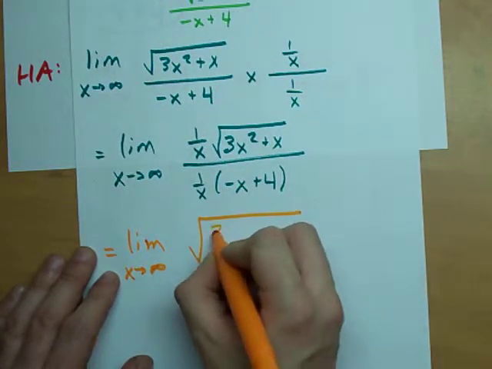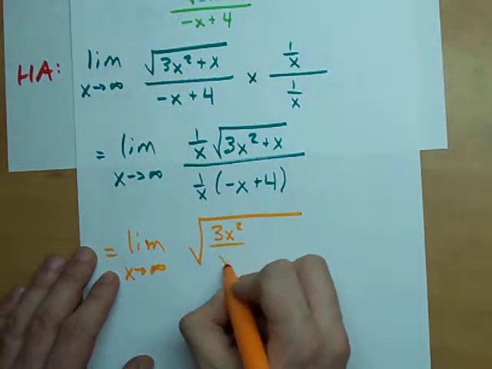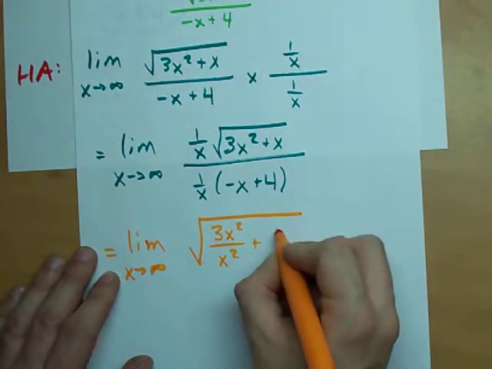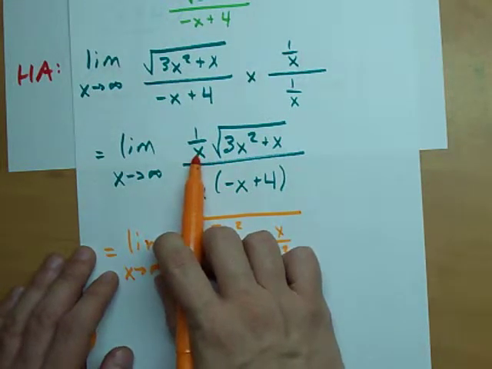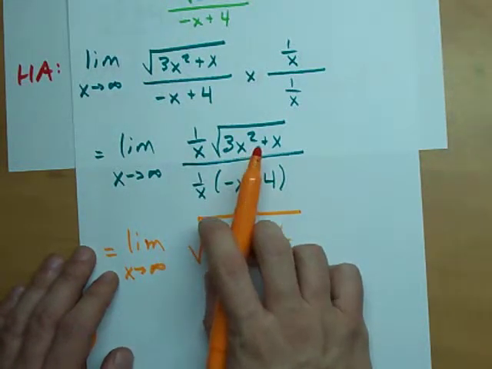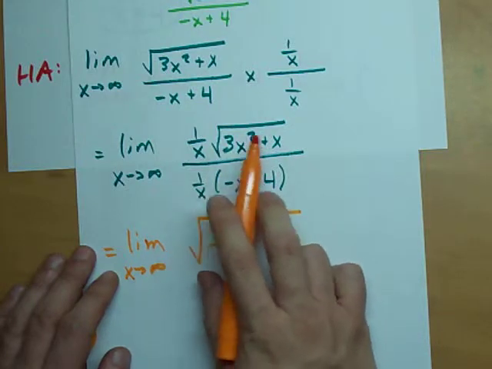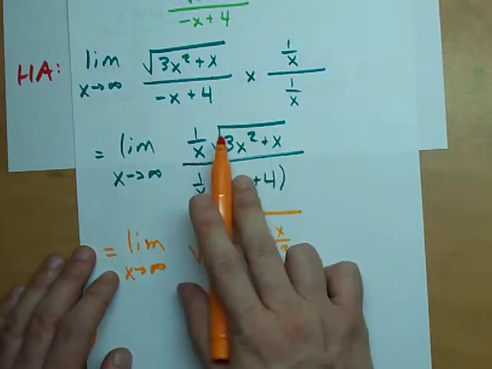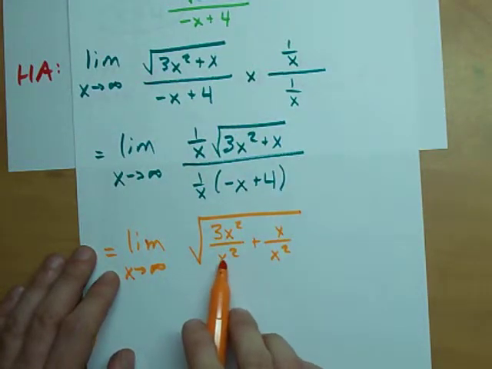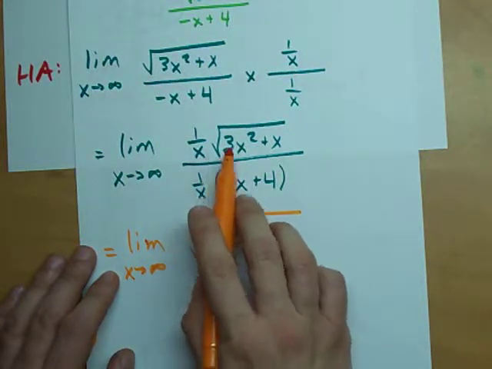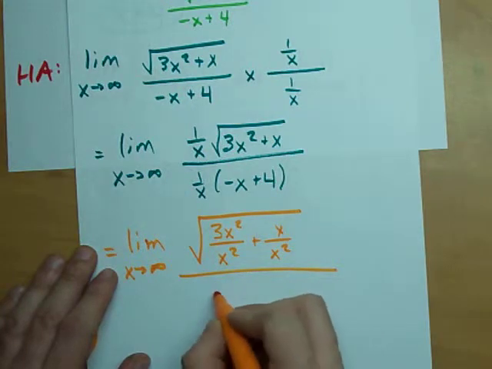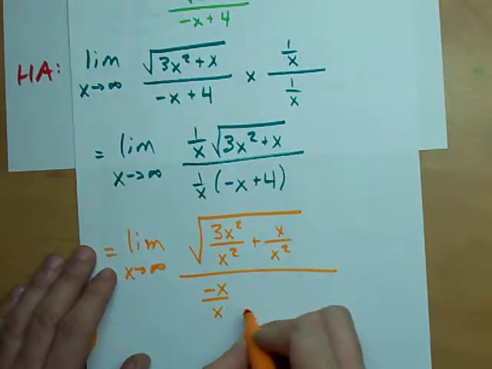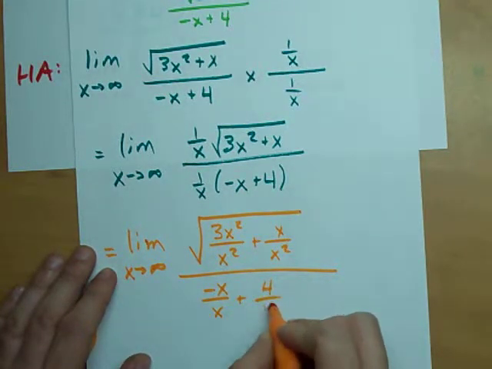You end up with 3x squared over x squared plus x over x squared. Notice the 1 over x became 1 over x squared when it went inside the square root, because that square root had to cancel out something, and if it was 1 over x squared, when you take the square root of that, it ends up giving out this value in the end. And in this case, you end up with negative x over x plus 4 over x.